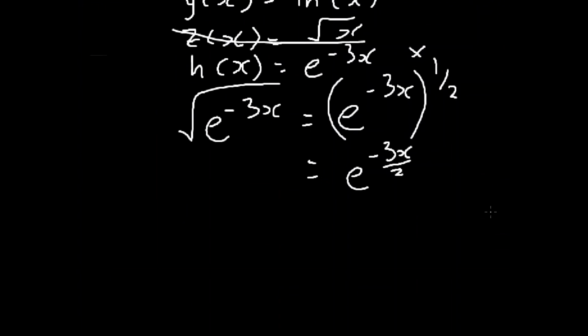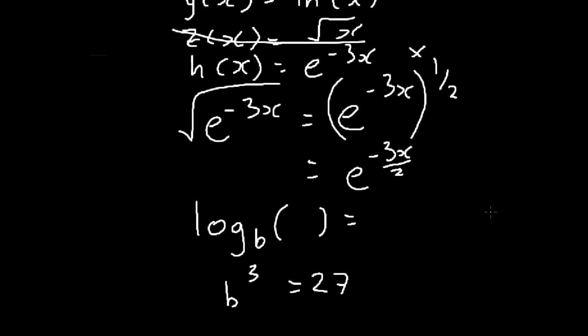Great. Now we've got this interesting property here. If we've got an equation like log base 3 of 27, just quickly write this out, base 3 to the power of something is equal to 27, then we can say that the log is equal to 3.